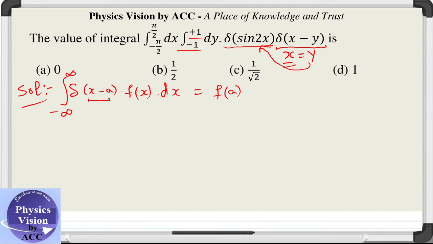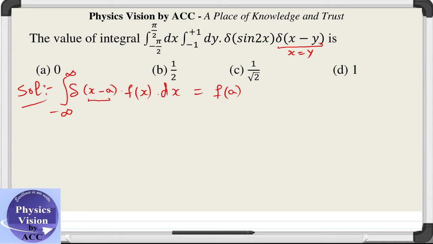So we need the values of x limits equal to the y limits. Those are not from minus pi by 2 to pi by 2 but from -1 to 1. You will understand it in the next step. Let's see the next step first now. So here we get that we need to have the values of x and y to be equal.